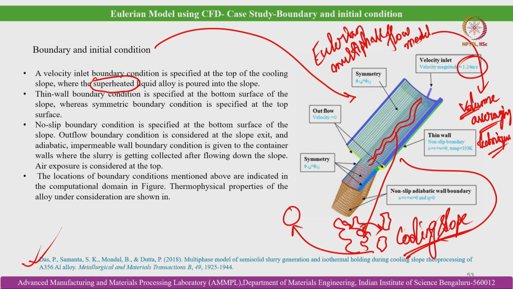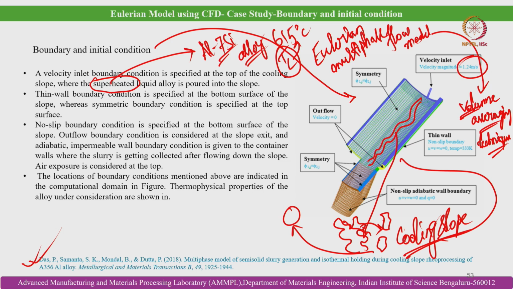If I take an example of a typical aluminum 7 silicon alloy, the liquidus temperature is roughly around 615 degrees centigrade. This is the TL of this particular alloy.